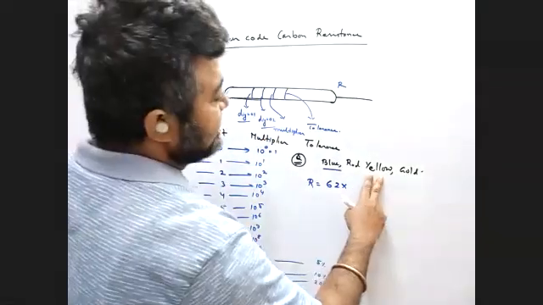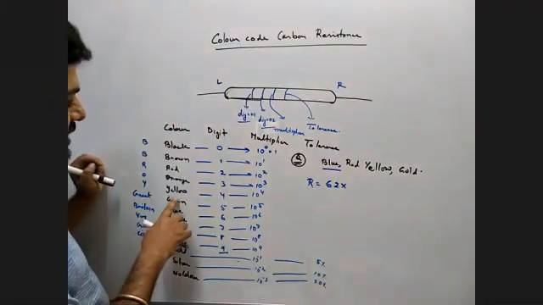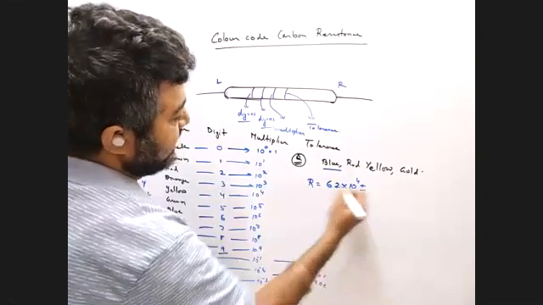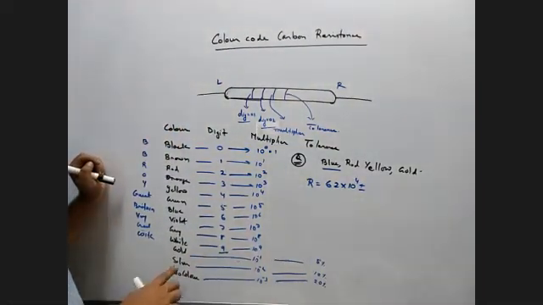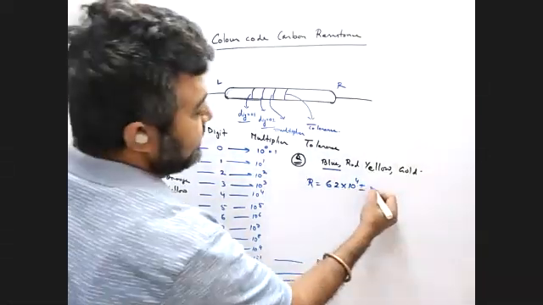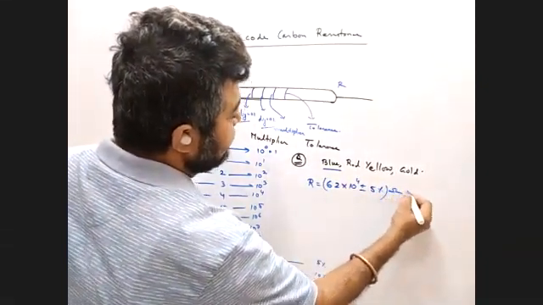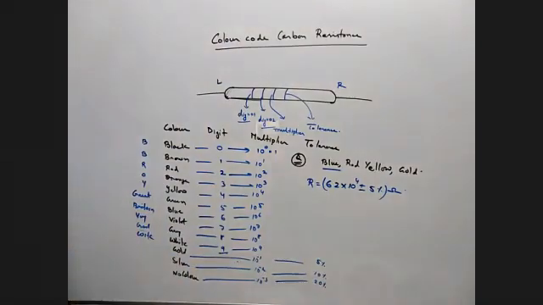Yellow, what does yellow mean? 10 to the power 4. Then plus minus tolerance. Gold means 5% tolerance. I think you can understand how to write it. Everyone, is it okay? Yes, sir.